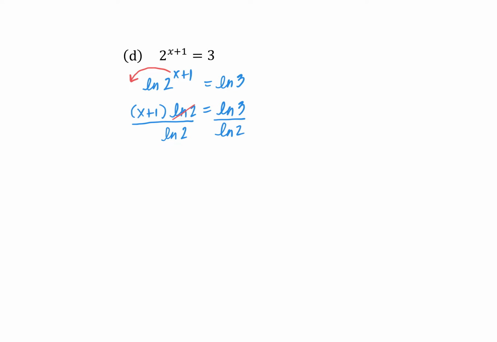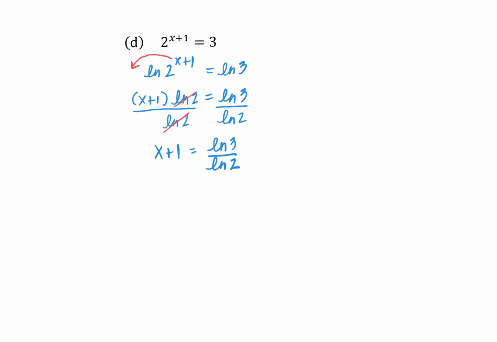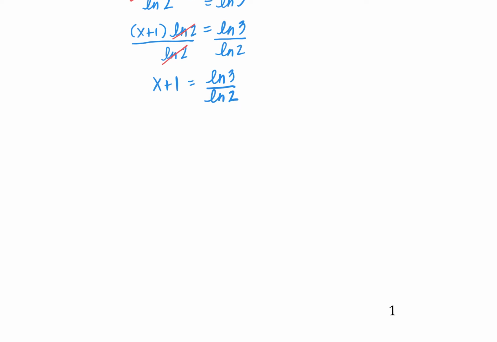The natural log of 2 terms cancel. On the left, I get x plus 1 equal to natural log of 3 over natural log of 2. And now it's a matter of just subtracting 1 from both sides to get x equal to natural log of 3 over natural log of 2 minus 1.